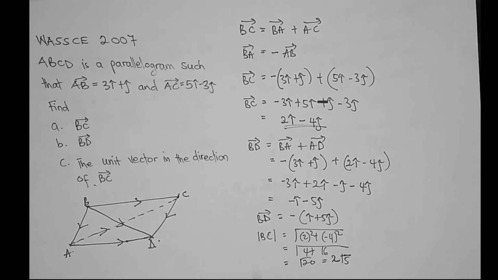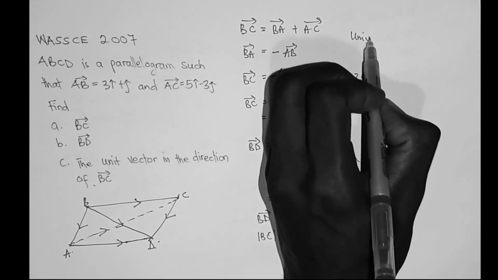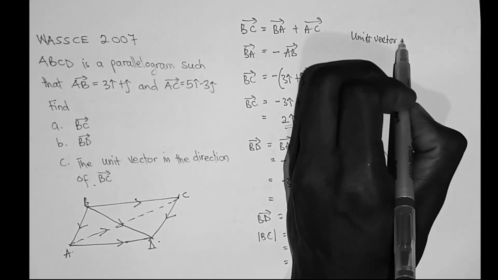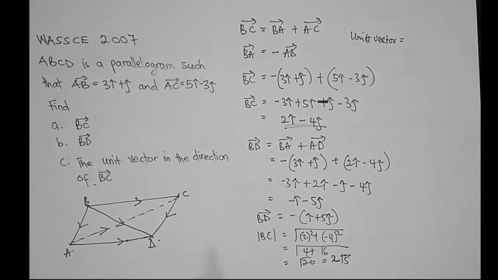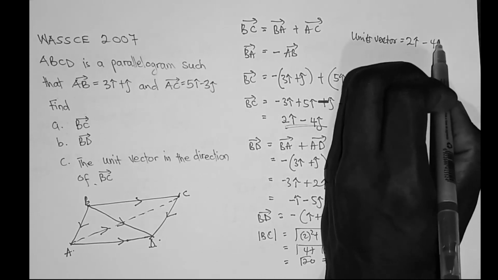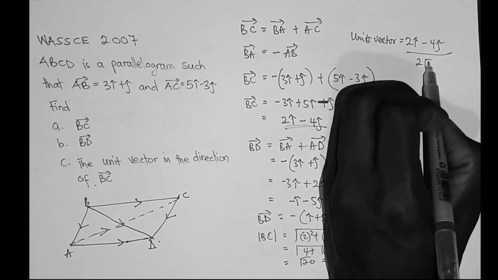2 root 5. But we know that the unit vector is equal to the vector over the magnitude, and the vector is 2i minus 4j divided by the magnitude, which is 2 root 5.